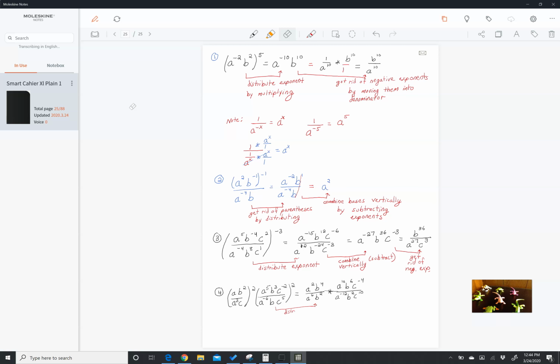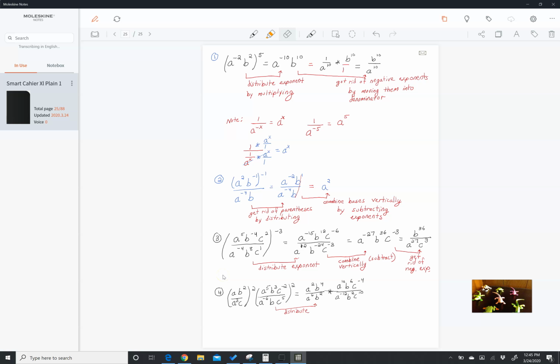But here we see more than one base. In the numerator, we see 2 a's and 2 b's. So our next step is to combine horizontally. Okay, and again, I encourage you to do it in this order because if you combine vertically, how are you going to know which a's to subtract? Okay, right now they're above each other, but sometimes they're not, and you're going to ask yourself, well, do I combine the a squared and the a to the negative 12th? So you want to combine horizontally first.